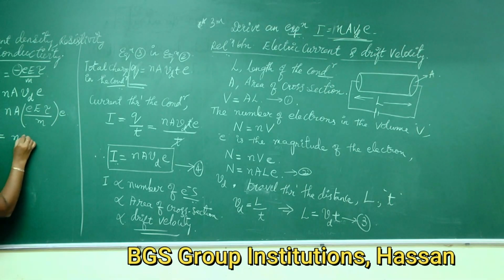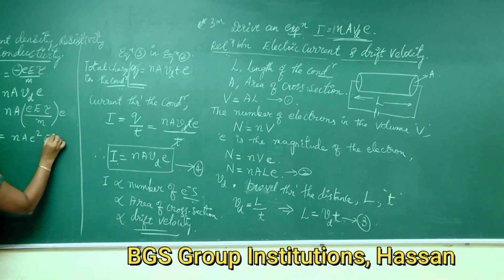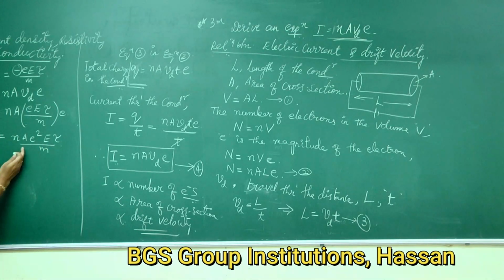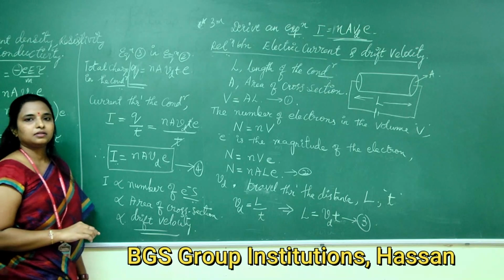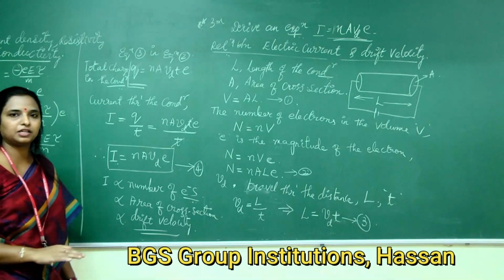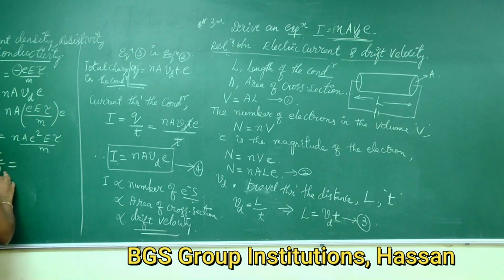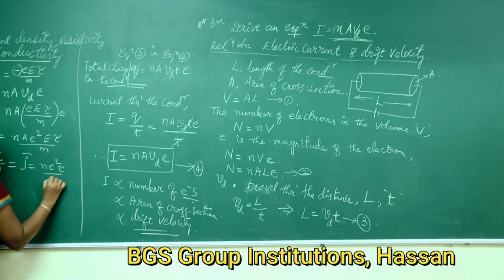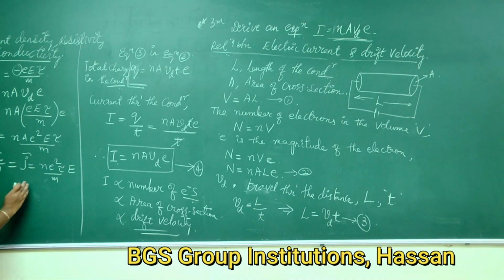So here N A e square E tau divided by m. Now taking A to the left hand side, I by A is nothing but the electric current per unit area of cross section normal to the direction of electric field, which is nothing but current density J is equal to N e square tau by m into E, isn't it?